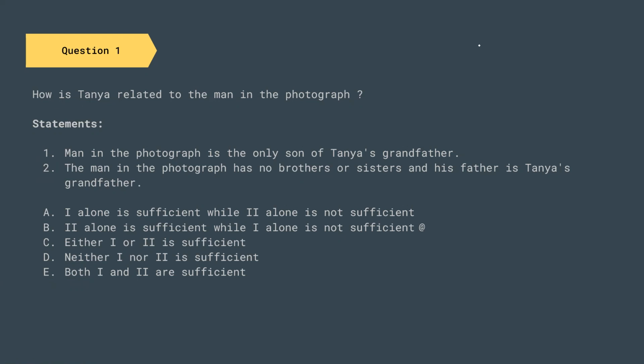Let us assume that the man in the photograph is X. So let us assume this thing first.